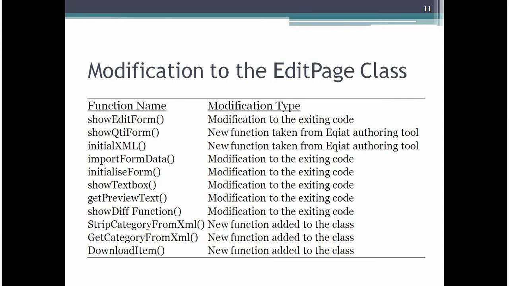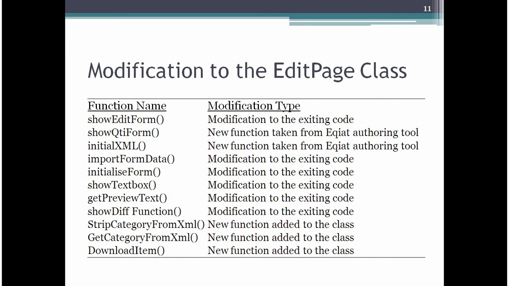I've included a link in the last slide for the detailed technical documentation that I wrote about the changes that I've made to the wiki. This part is taken from that document. It shows all the functions that I had to edit in the edit page class. Some of them are completely new that I had to write from scratch.